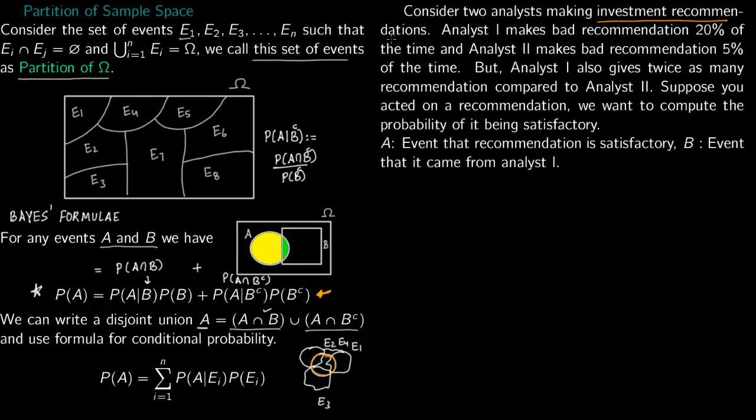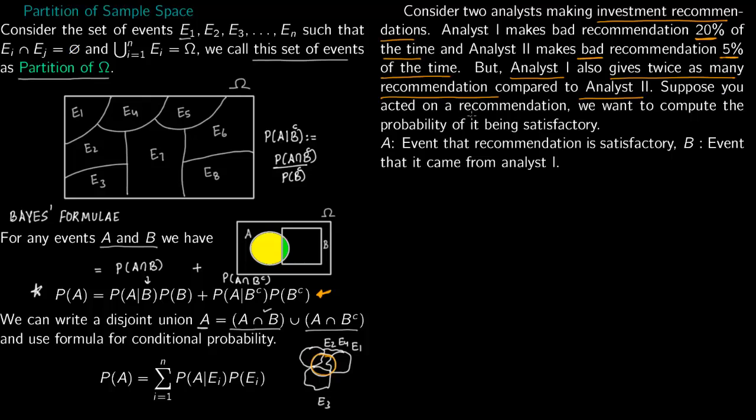Analyst 1 makes bad recommendations 20% of the time, but analyst 2 makes bad recommendations only 5% of the time. But it is also true that analyst 1 gives twice as many recommendations compared to analyst 2. So he is more productive, but he also makes bad recommendations 20% of the time.